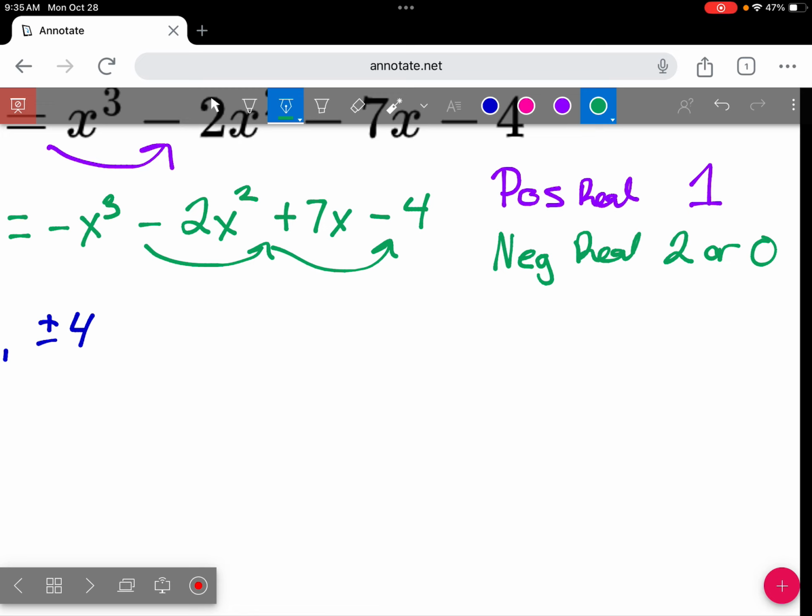So when we're substituting in values, which ones should we use? Should we use the positive values or the negative values? We want to use negatives? We might not have any. What are we guaranteed to have? A positive. You can, absolutely. If you want to do all the negatives, go for it.